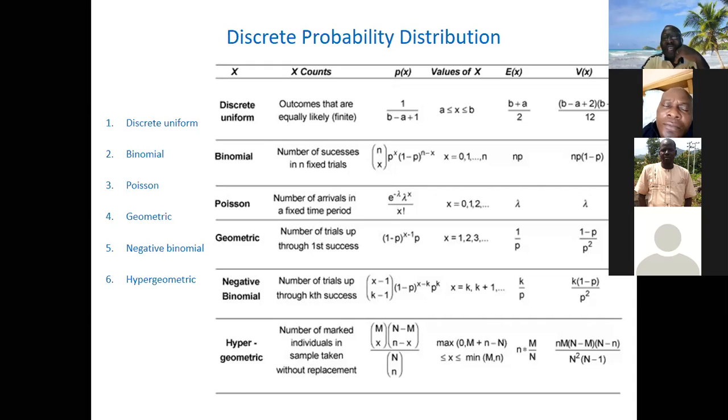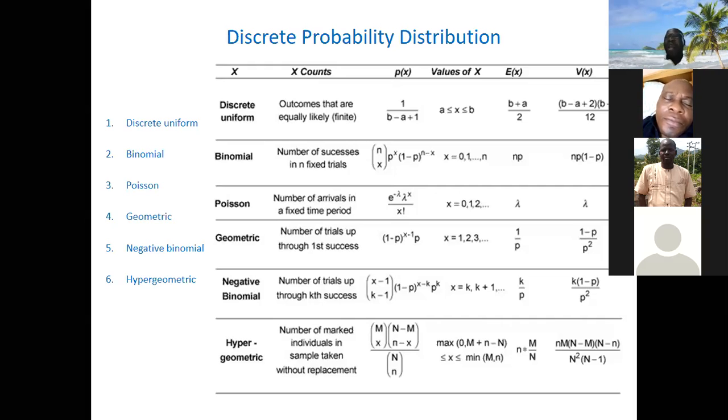So in the first n trials, there's a first n trial. That is, okay, if you try to toss a coin 10 times, that is the first trial. Or somebody goes for a particular exam, goes for a particular thing 20 times, wants to see the outcome.